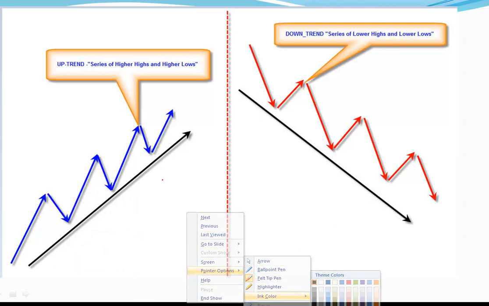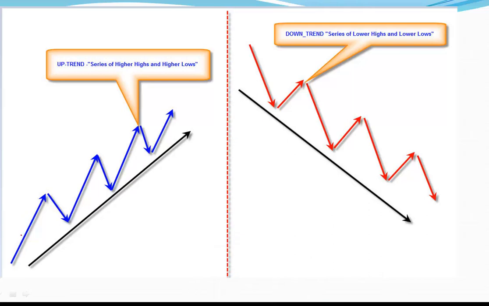There we go. So you have your low, you have your high, and then you have your higher low. This right here is called a retracement, or it's called a pullback.